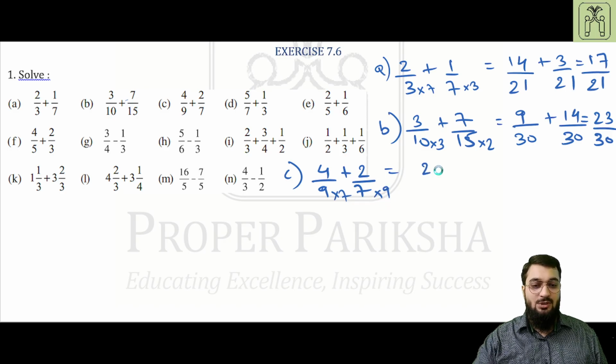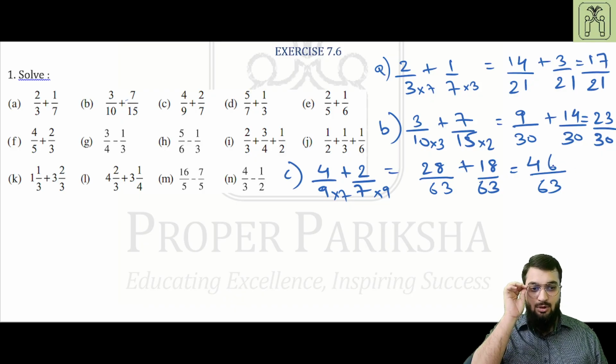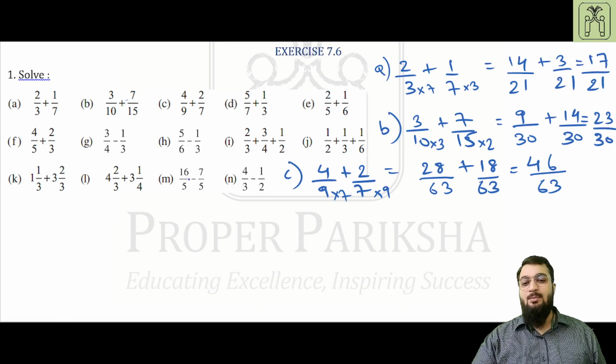So 7 4s are 28 plus 9 2s are 18, and with the common denominator of 63 do the algebraic operation, and that will give us 28 plus 18, that is 46. So 46 upon 63. If the answer can be further simplified, you can write 46 upon 63 in the next line, and with an equal to sign you can write the simplified version.